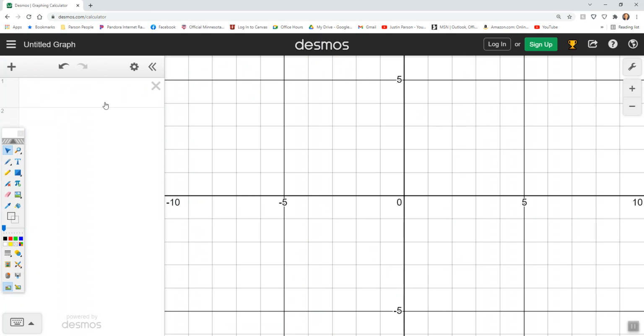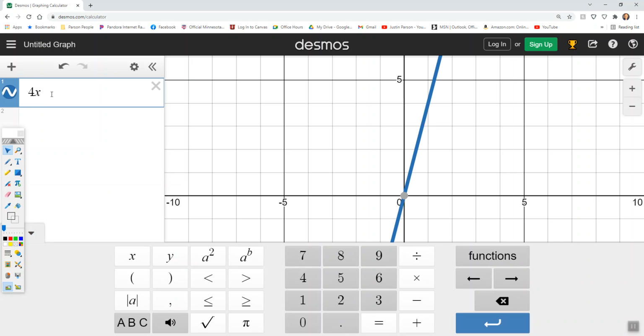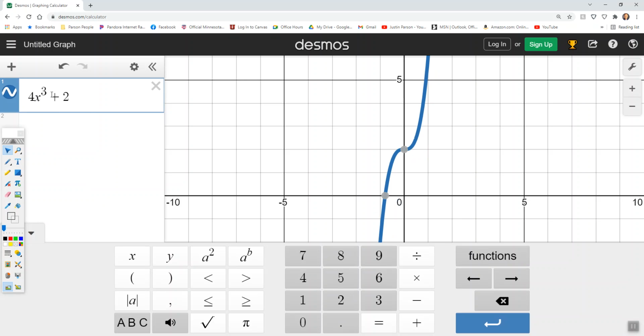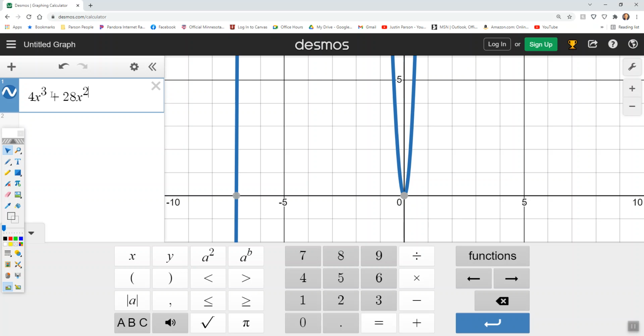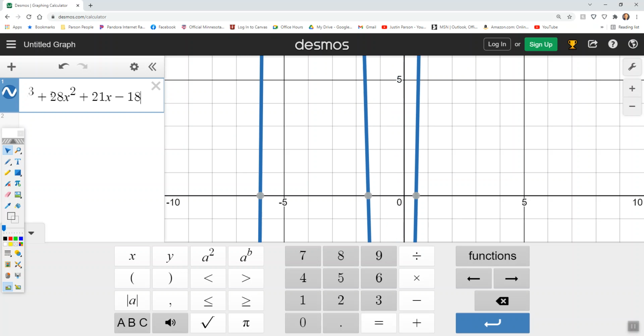What's the function? 4x to the third, okay? Oops, sorry. 4x to the third plus 28x squared minus 18.